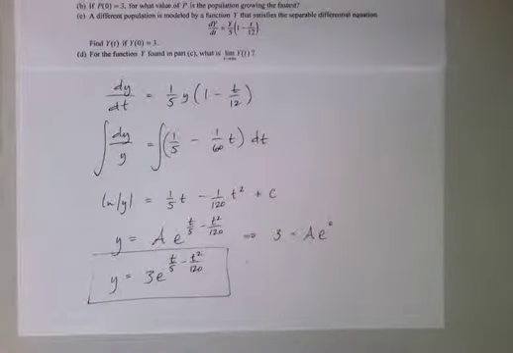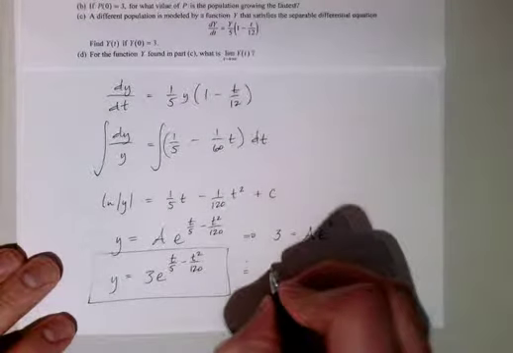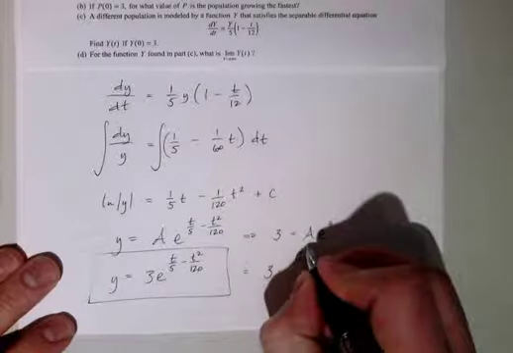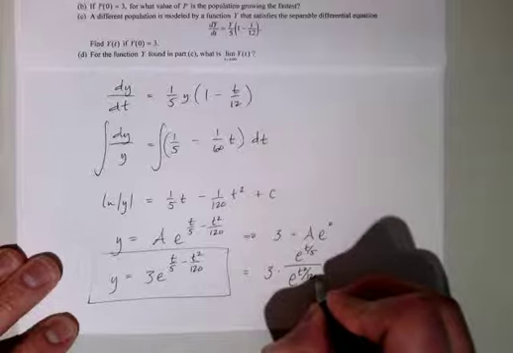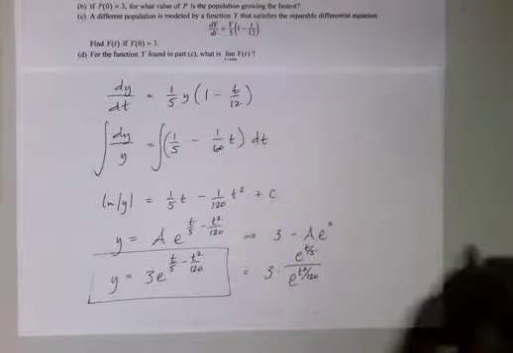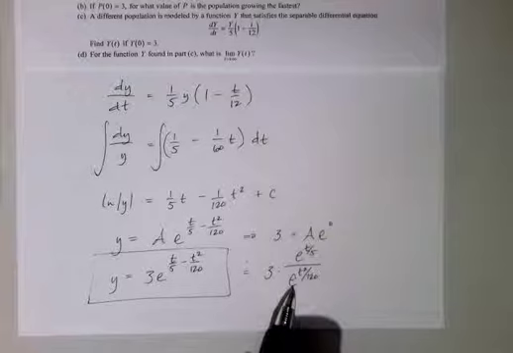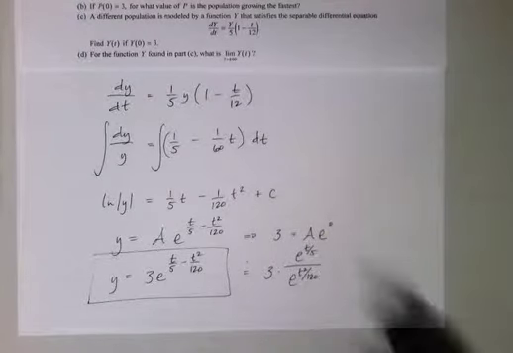Now here comes the rough part. For the function y found in part C, what is the limit as t goes to infinity? Well, notice that as t goes to infinity, this term of the exponent is going to increase much faster. This denominator is going to increase much faster than the numerator.